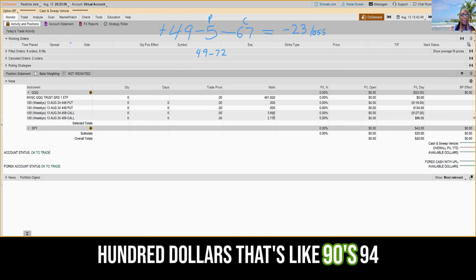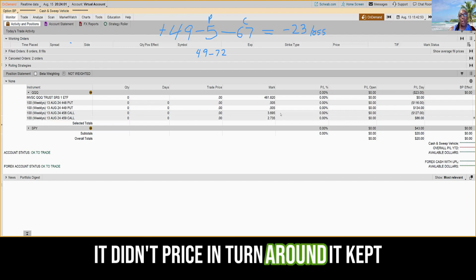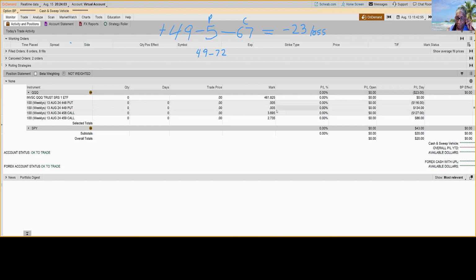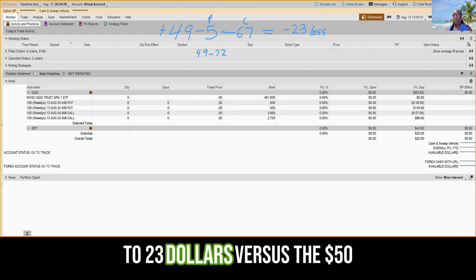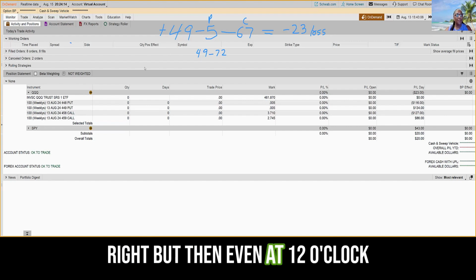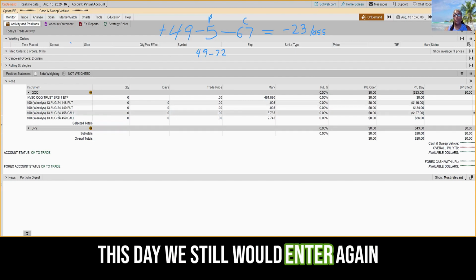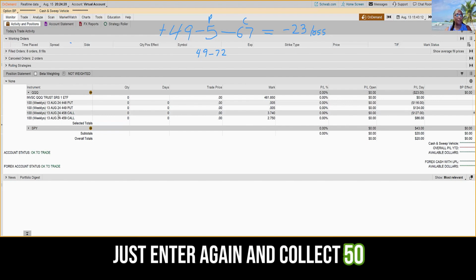That's like $94, because price didn't turn around. It kept going that whole day. We got out early, reduced our loss to $23 versus the $50. But even at 12 o'clock this day, we still would enter again. If you were doing the 1 DTEs, you just enter again and collect $50 more.